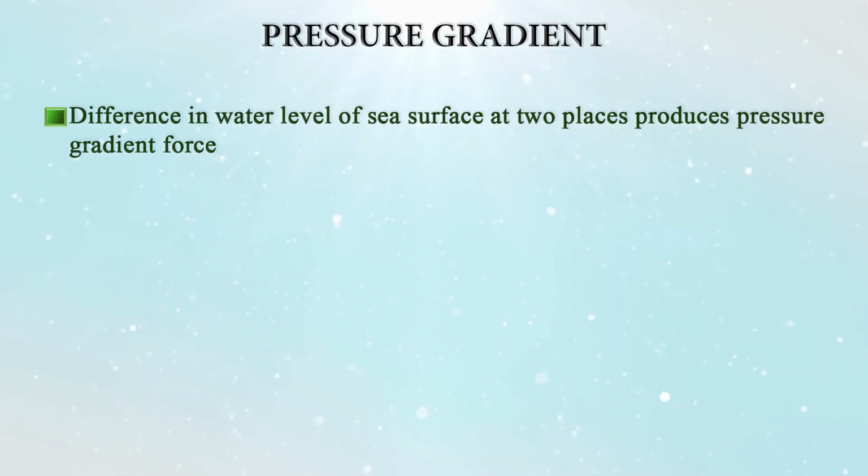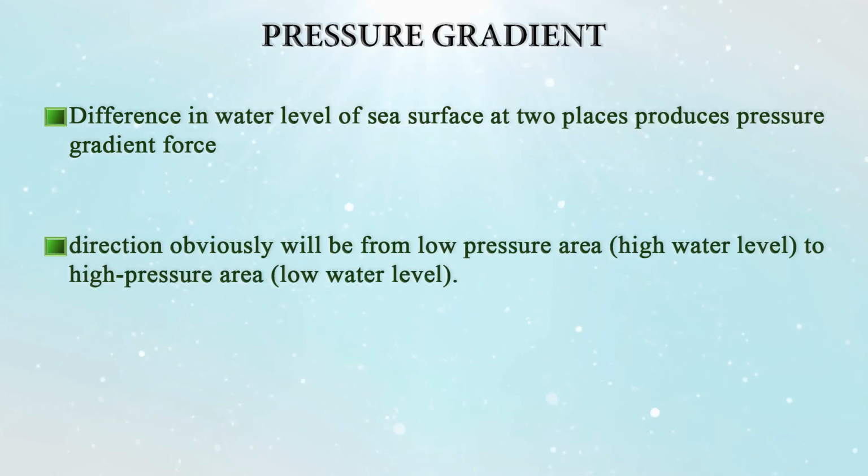Now, pressure gradient. Difference in the water level of the sea surface at two different places produces pressure gradient force. When in low pressure areas, water will be at a high water level compared to the high pressure areas, where pressure is exerted on the water surface and it will be a low water level.